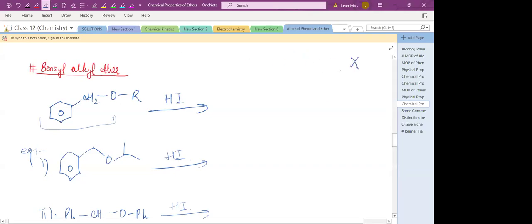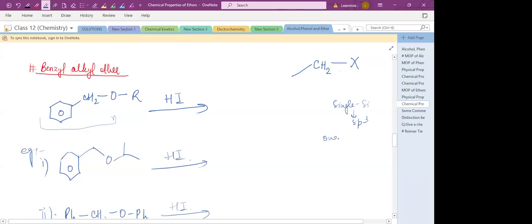Suppose we have an X group, any halogen group. When the halogen group is first attached to the sp3 hybridized carbon, this is sp3. If you see only single bond present, so this is sp3 hybridized. कार्बन कार्बन के बीच में सिंगल बॉन्ड है, so this is your sp3 hybridized.